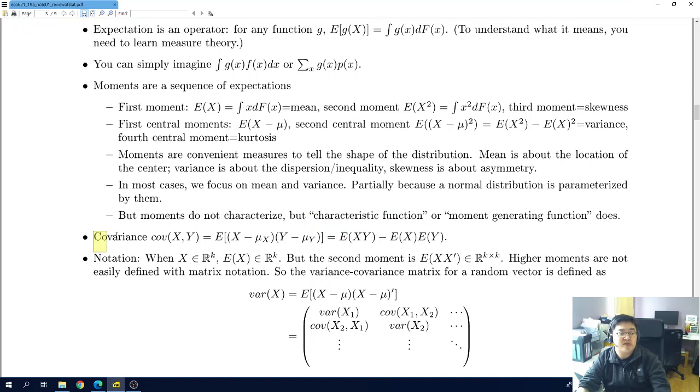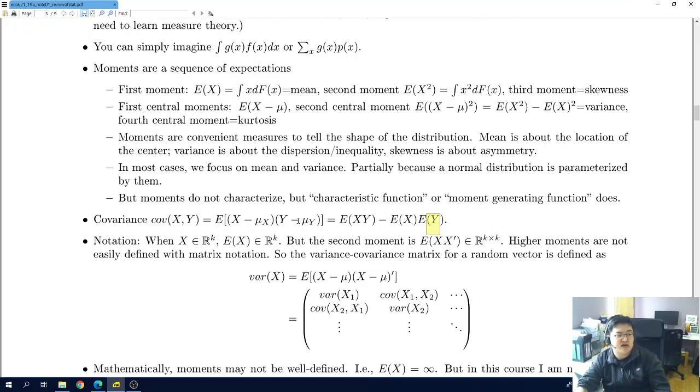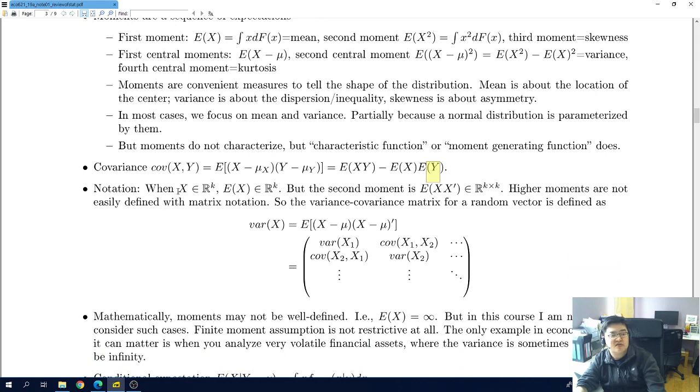Okay, and covariance is another kind of expectation, because if you look at the definition, it's clear that everything is expectation. And let me define a notation here. When you have a random vector, then automatically its expected value must be a vector of the same dimension.